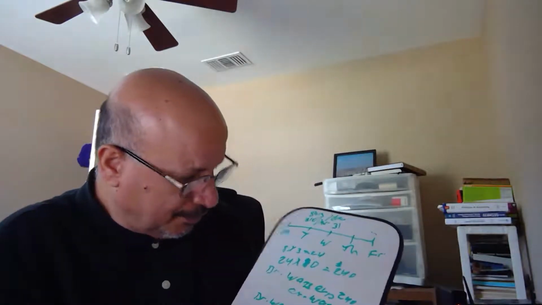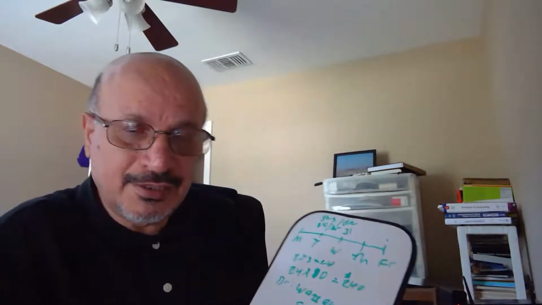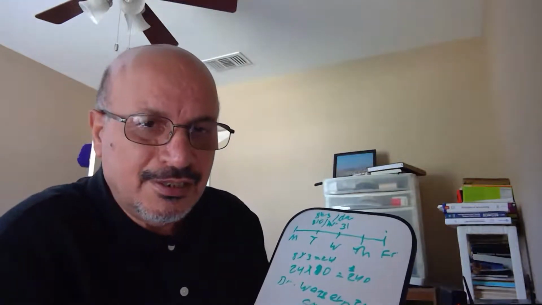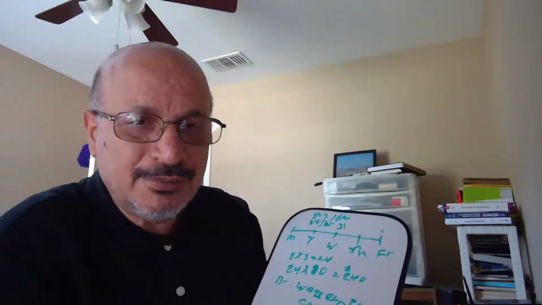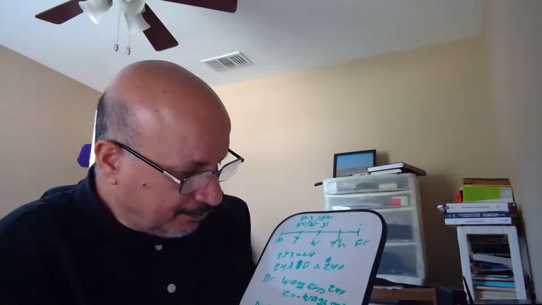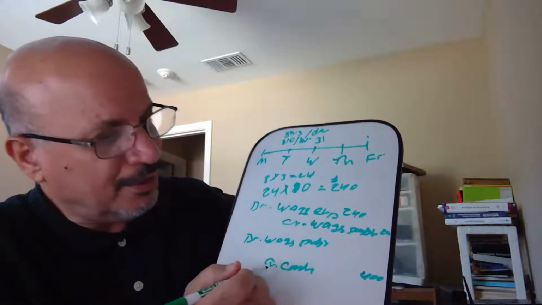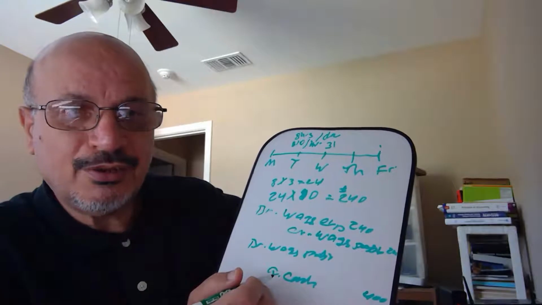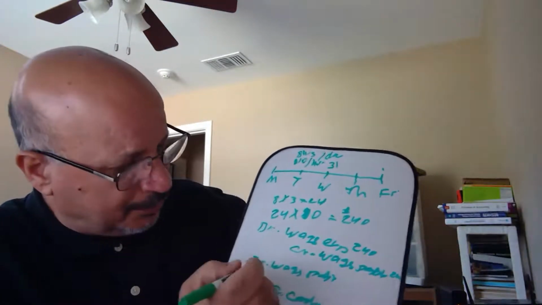So it is 5 days times 8, that's 40 hours. 40 hours times $10 an hour, $400. So the cash is going to be credited for 400, the whole week. But wages payable was 240, you remember? So we debit that.